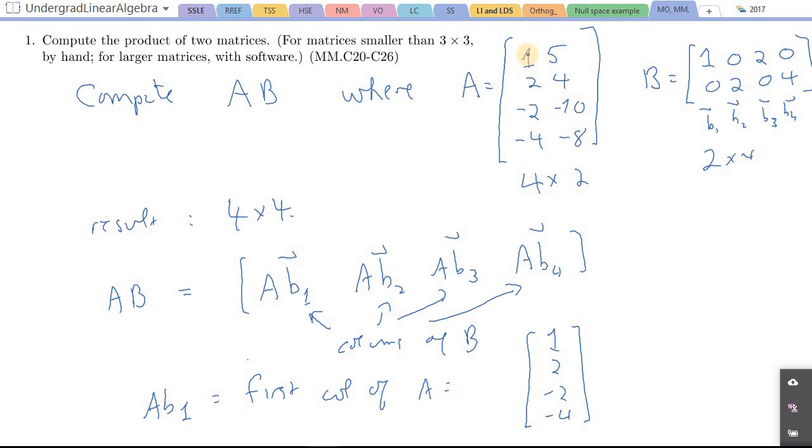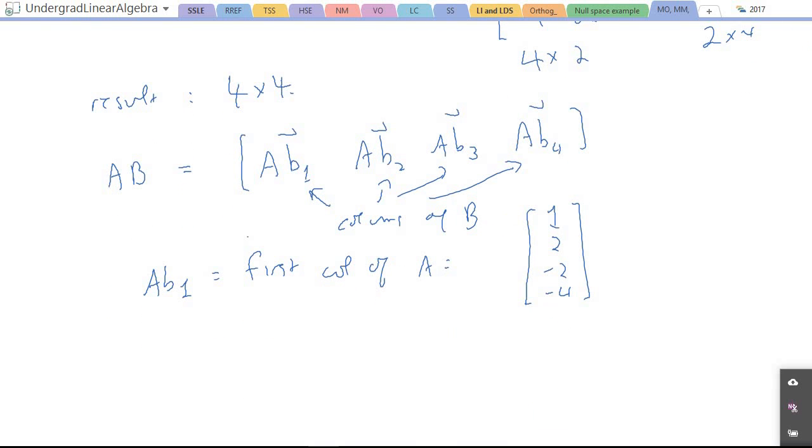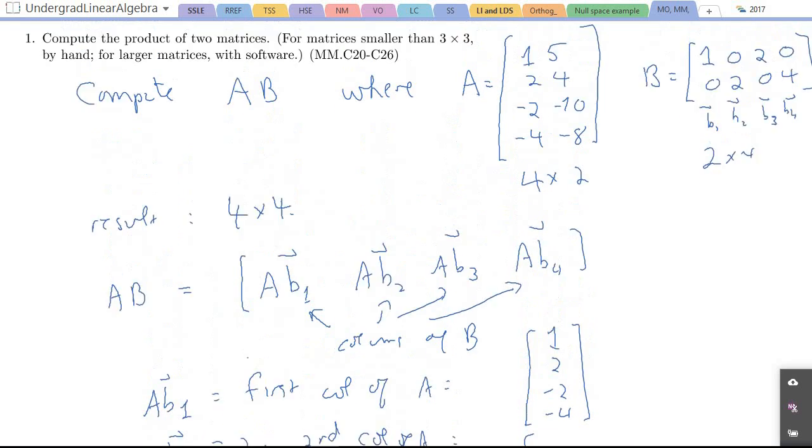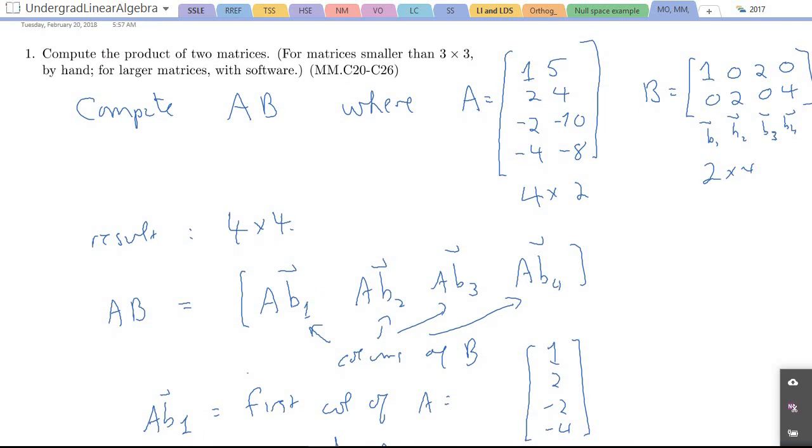So first entry is going to be 1 times 0 plus 5 times 2, which is 10. 2 times 0 plus 4 times 2, which is 8. So I'm just going to pick up the second column of A. So AB2 is 2 times the second column of A. And that's going to give me, let's see what I had for the second column of A. Second column of A was, so it's going to be 10, 8, minus 20, minus 16.